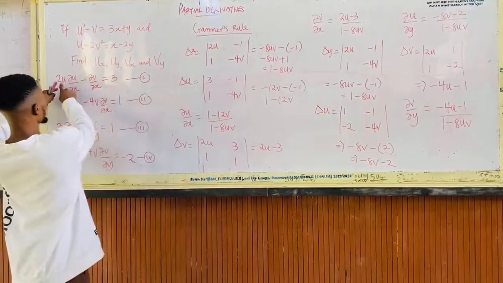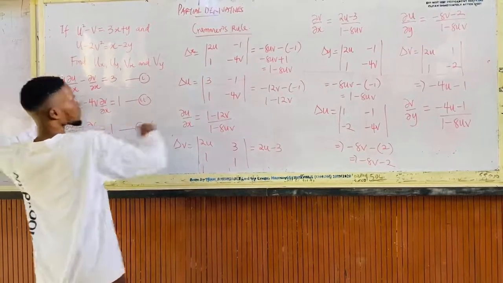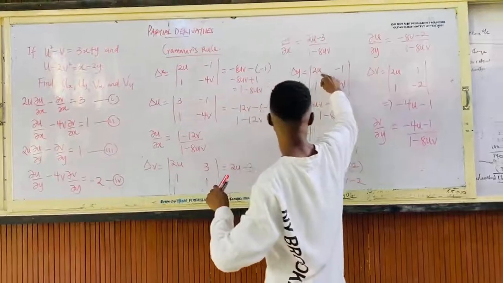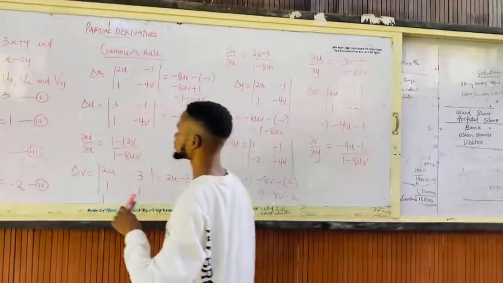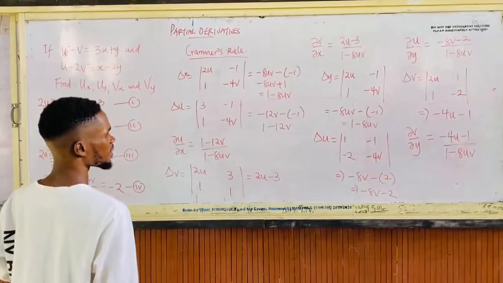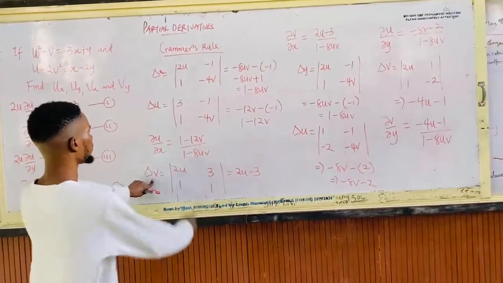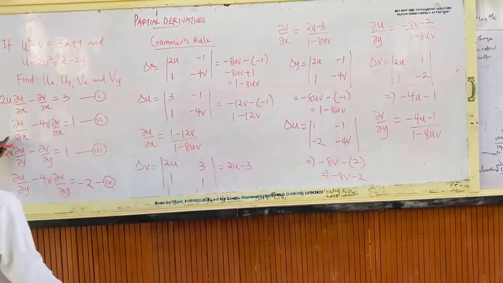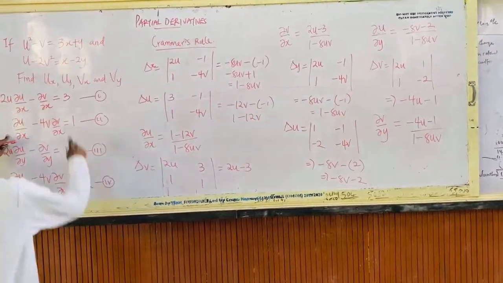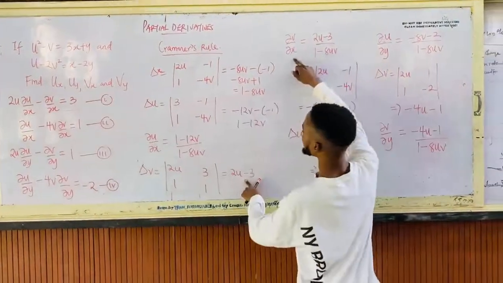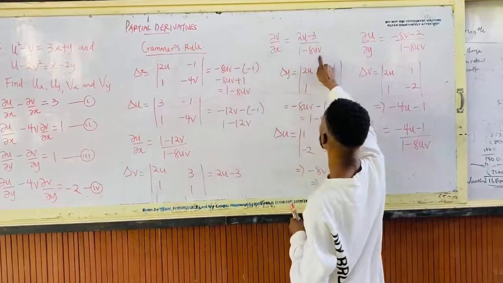We're going to write 2u and 1, and the constants 3 and 1, we get 2u minus 3. So that means the v del x is 2u minus 3 over 1 minus 8uv.